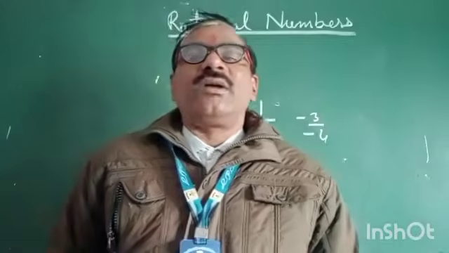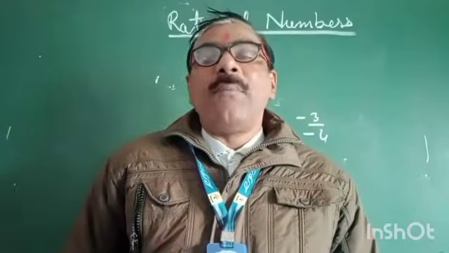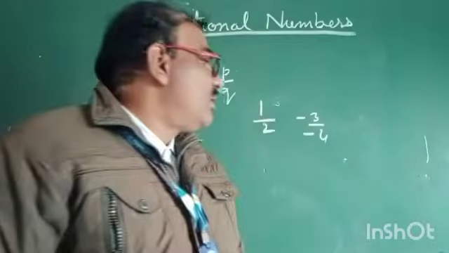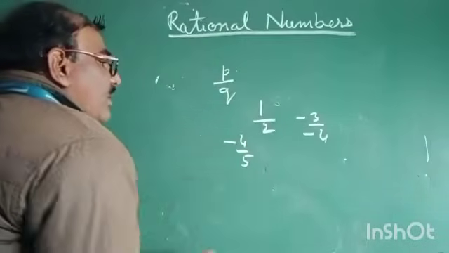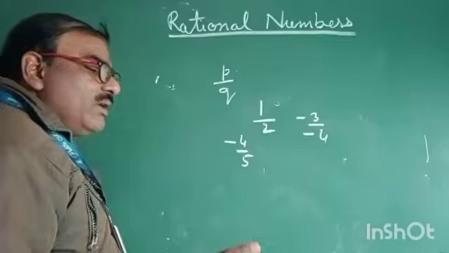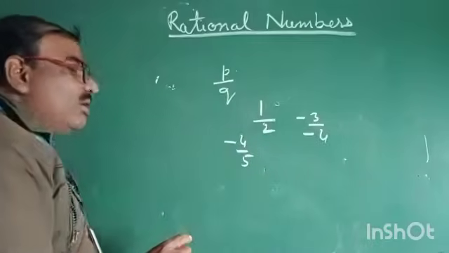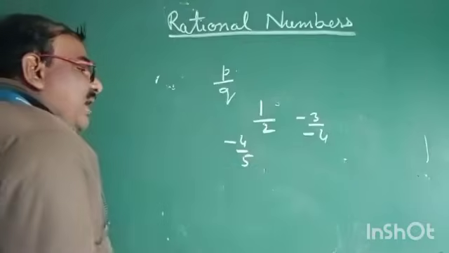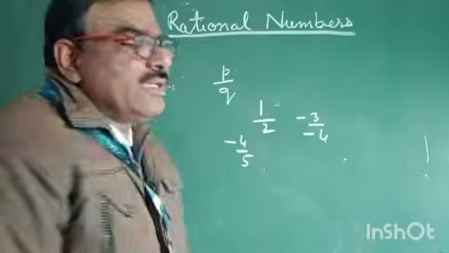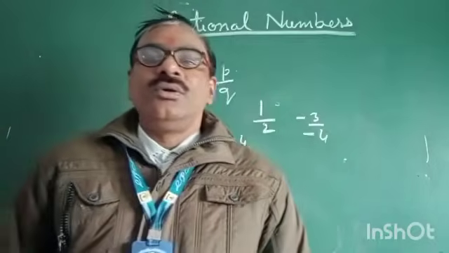Now if the numerator and denominator have opposite signs, suppose this is minus 4 upon 5. Here 4 has a negative sign but 5 has a positive sign. So minus 4 upon 5 is a negative rational number.